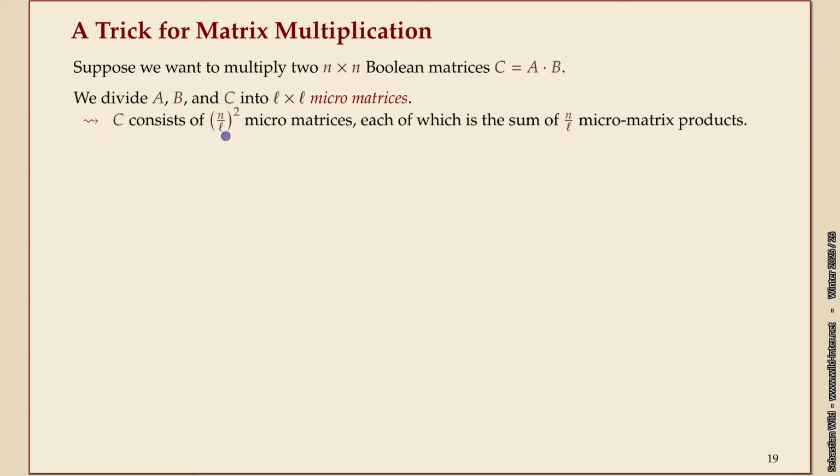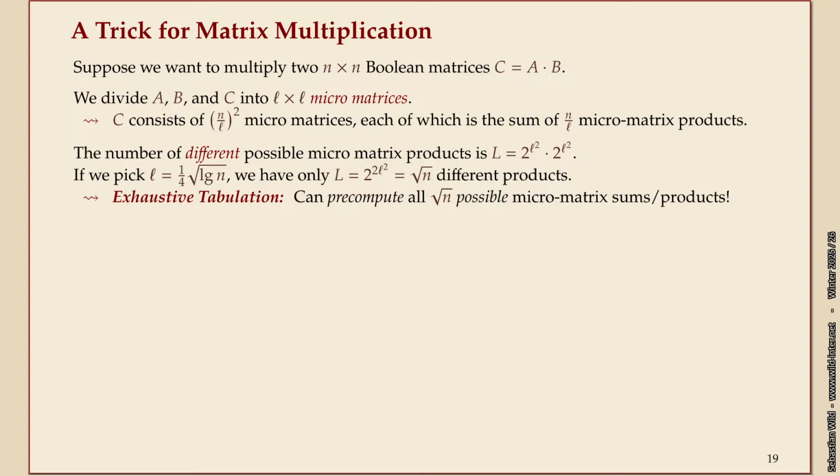Then clearly all the matrices consist of that many micro matrices, (n over L) squared. And each entry in the result you get from summing up n over L little products. That's what we had last time as well. The number of possible different pairs of micro matrices really is this number. Right?